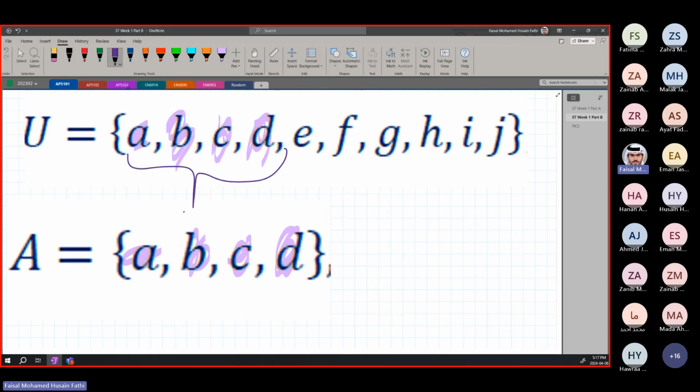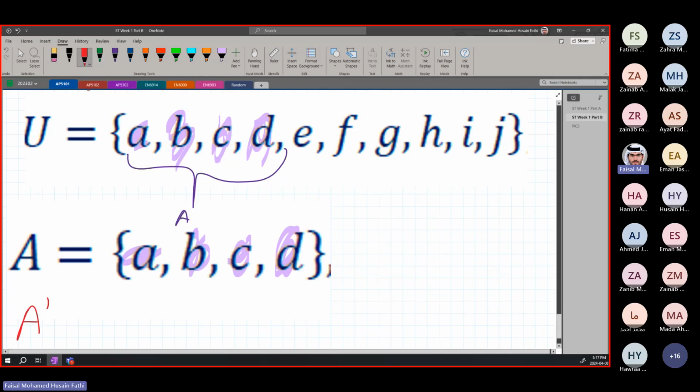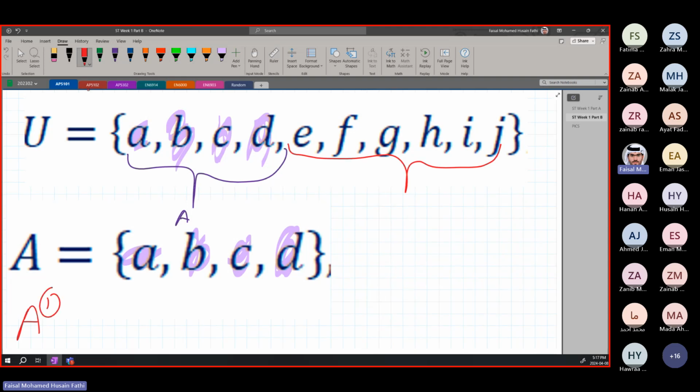A prime, or let me give it a different color, A prime would be everything else that is not A. This usually means not or prime. Or there was another word I'm trying to remember, the complement.